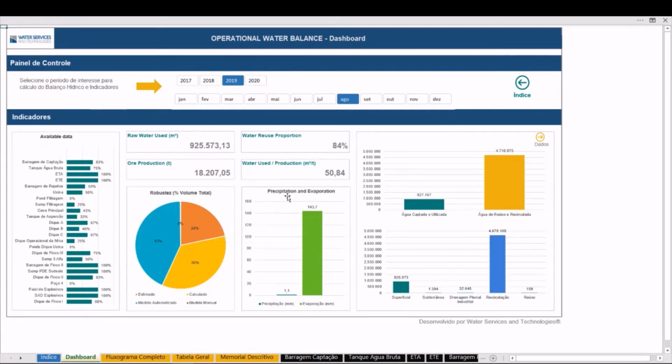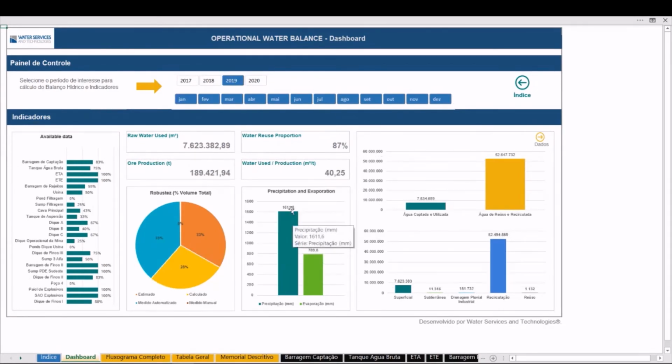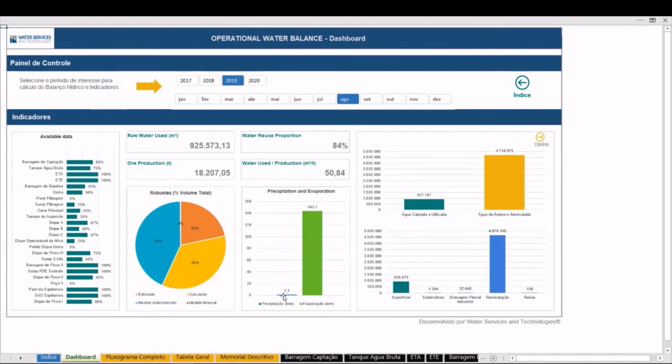And here we have precipitation and evaporation data for the selected period. So if I choose the whole year, you can see that we had this amount of rain on the whole year, and on a specific month we had this amount of rain data. And these charts here show information on water that was taken from the rivers or groundwater, and the amount of water that was reused or recirculated inside the production system.